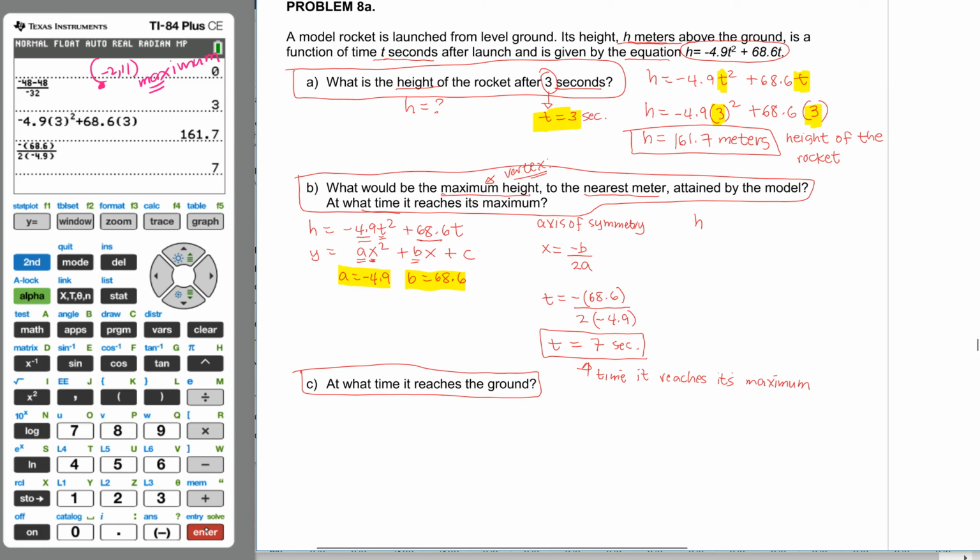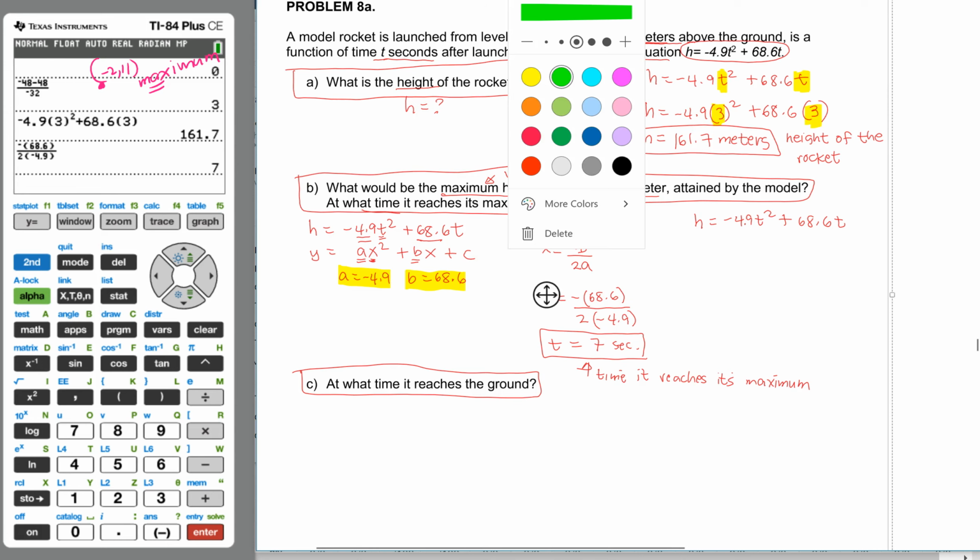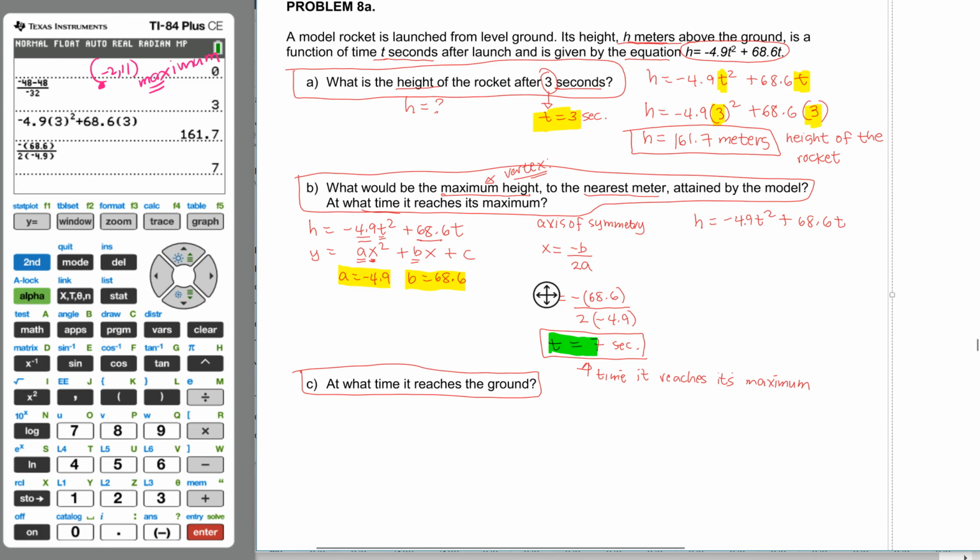I'll copy h equals negative 4.9 t squared plus 68.6 t. What I would like to do now is simply substitute t equals 7, here and here. So let's substitute that one.